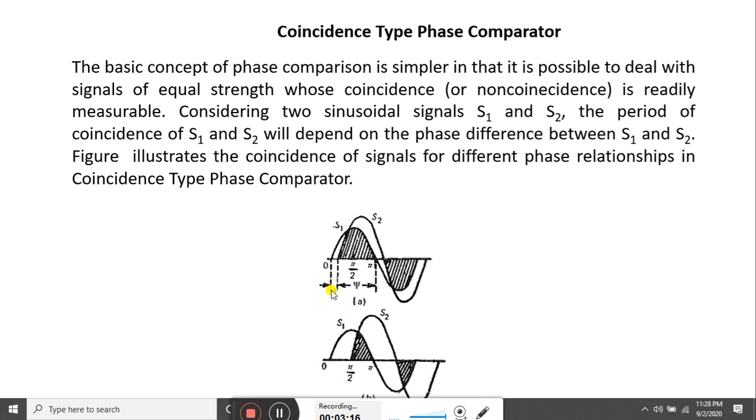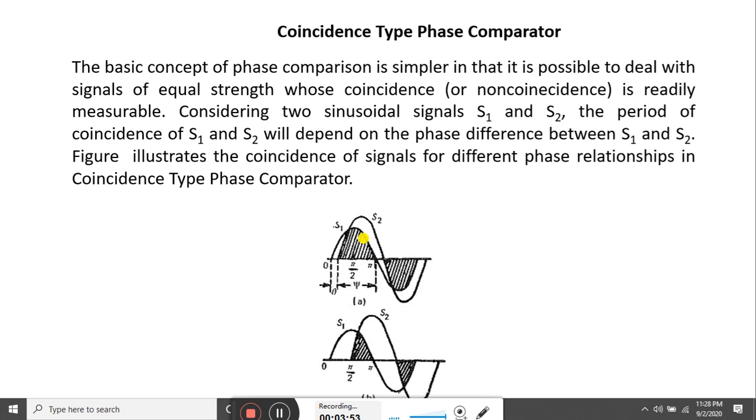Let us see here for this phase difference. Let us say S1 is for the positive half cycle, and S2 starts from here, that is also for the positive half cycle. So this is the phase difference. Now if you vary the phase difference, it means this signal will start from here, and then the signal will lie something like this. So the coincidence will change. Now this portion will become the coincidence in this case.